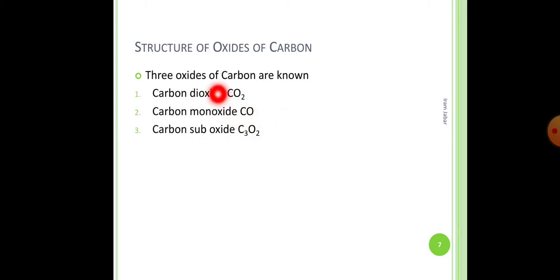Now we will discuss oxides of carbon. There are three oxides of carbon: carbon dioxide, carbon monoxide, and carbon suboxide. In this lecture, we will discuss only two oxides, carbon dioxide and carbon monoxide.